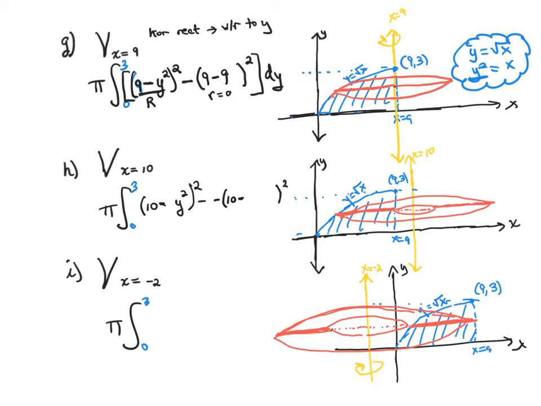Minus the axis of revolution, which is 10, minus the curve closest to the axis of revolution. Well, the curve closest to the axis of revolution is x equals 9, because that region bounds the area. So that's 9 squared.